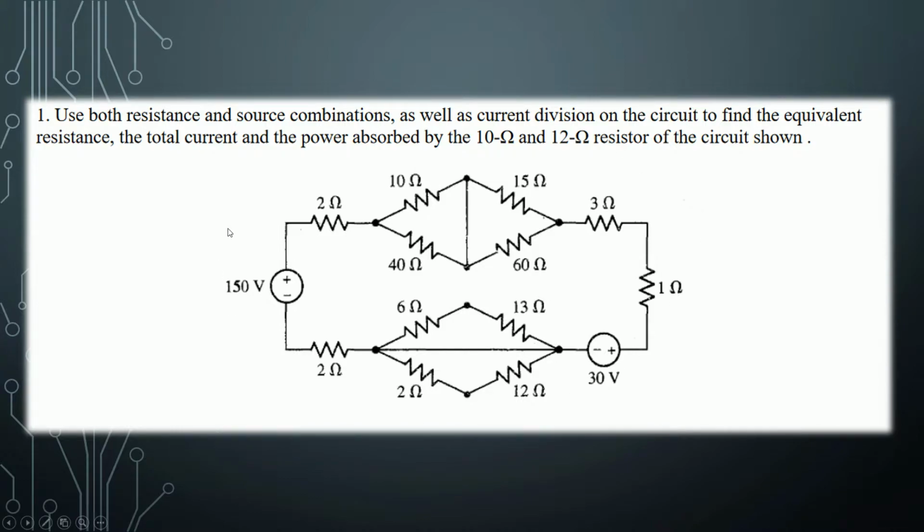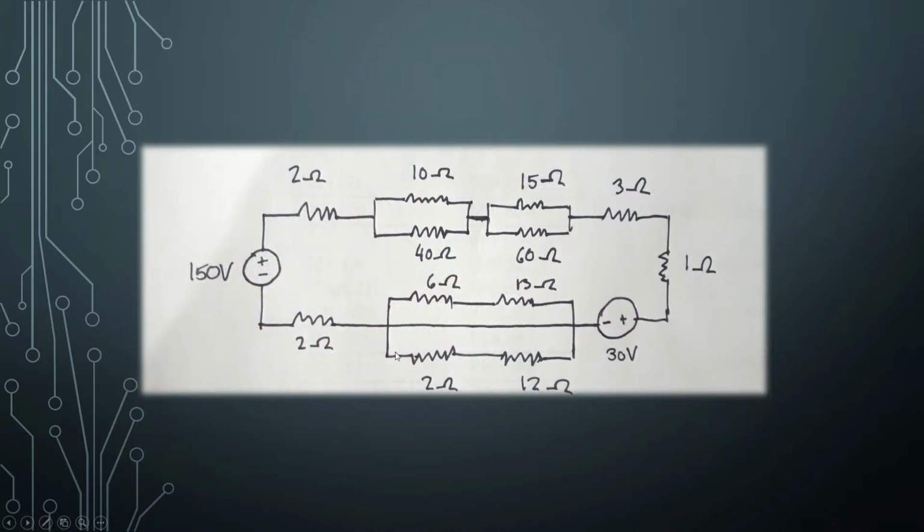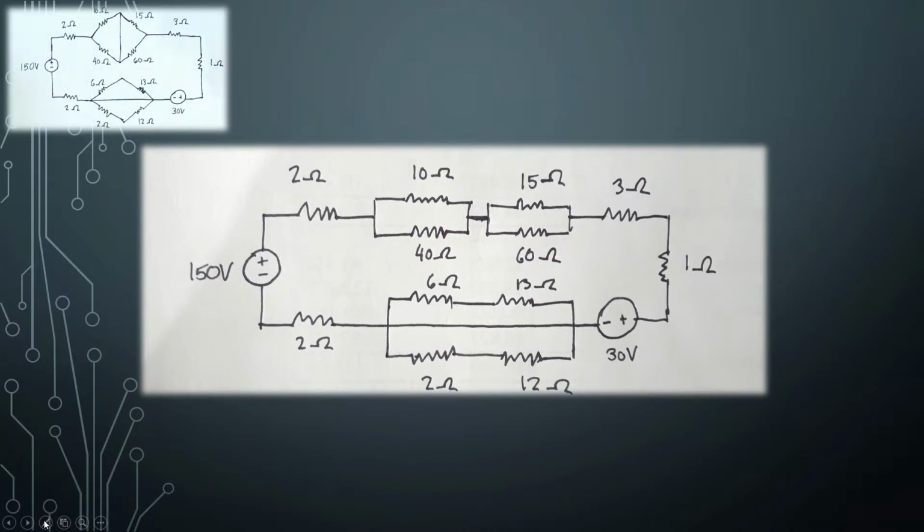So one strategy that you can use to answer these kinds of circuits is to redraw. So this is our circuit, and then we can redraw this to make it simpler. So this is the same circuit, and I will prove it to you. It is the same circuit because these are parallel with each other, same as these.